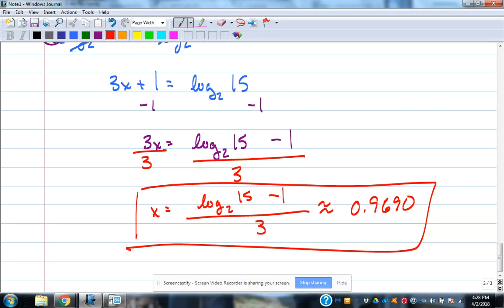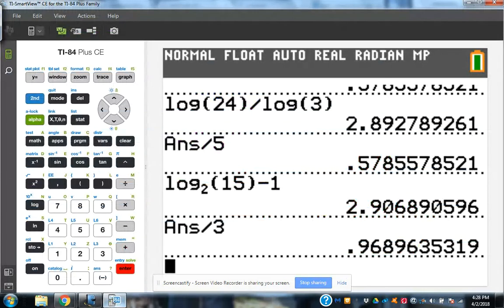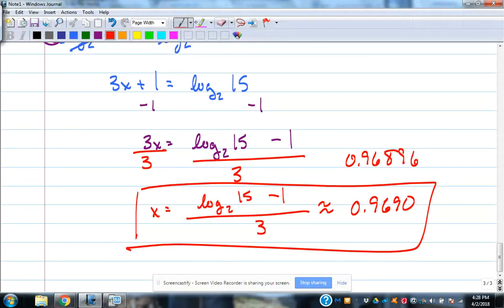No, because we had 0.9689 and then it was a 6 after that. We look at this 6 right here. That 6 makes this 9 go up. It becomes a 10, so you got to carry 1 over here to the 8. And 8 doesn't make 10. It goes to 9, not 10. So the 6 stays the same.